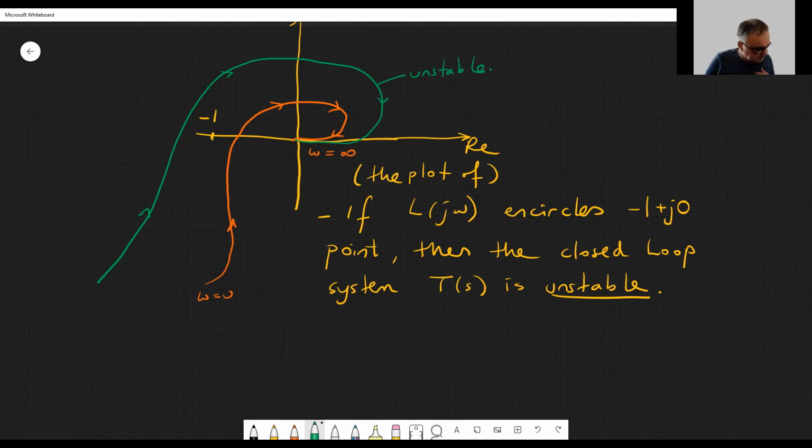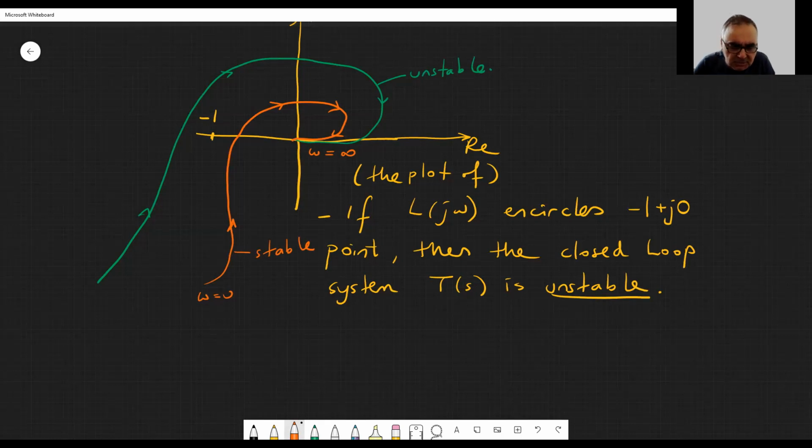And this one, the red one, as you see, will be stable. The closed loop system is stable, not the L of j omega. The closed loop system made up of L over 1 plus L is going to be stable.